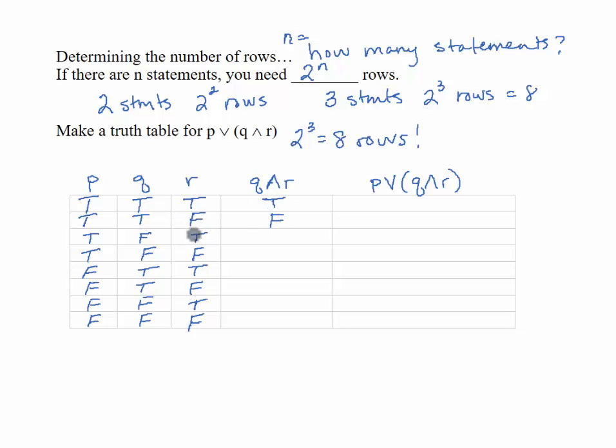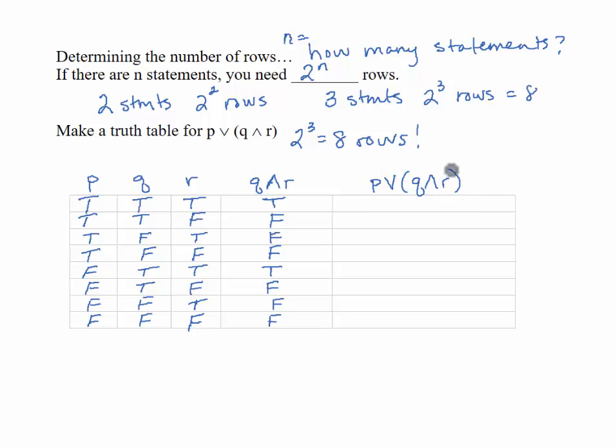That one's not both true. That one's not both true. That one's not both true. Those are both true, so that's true. That one's going to be false. That one's going to be false. And that one's going to be false. The only time a conjunction is true is when both statements involved are true.